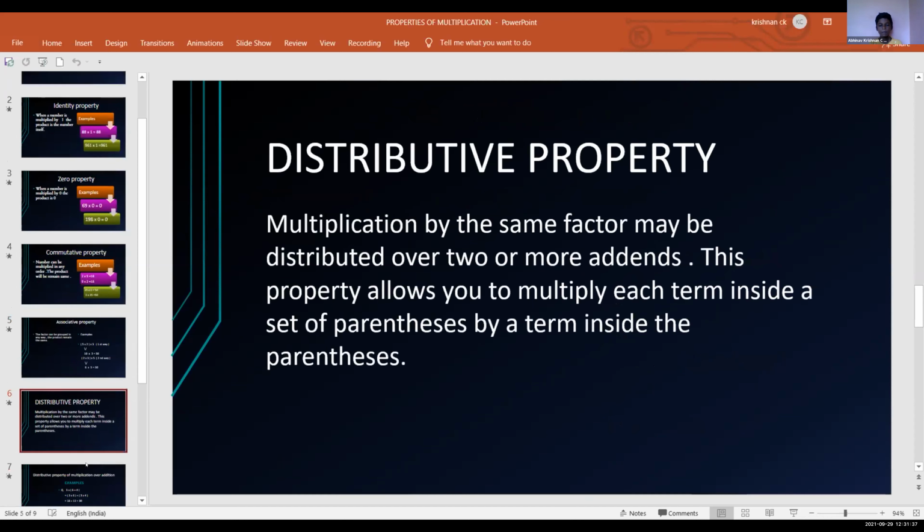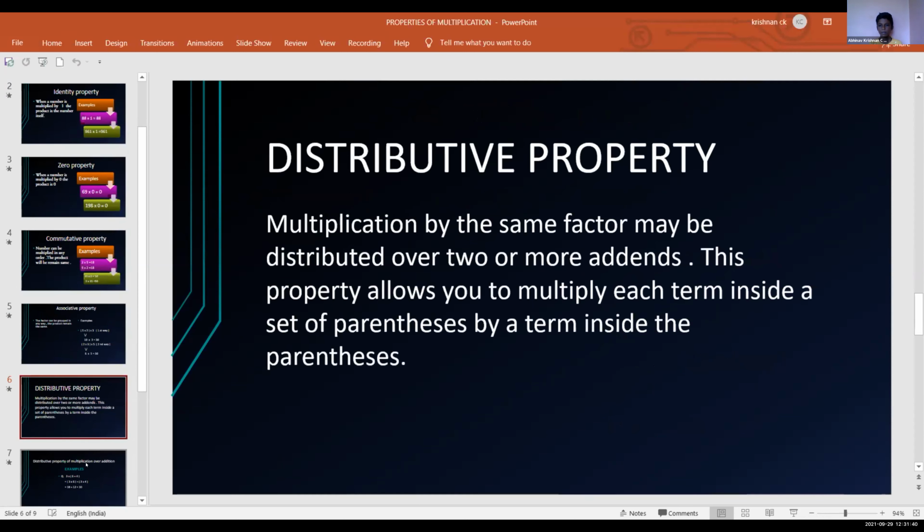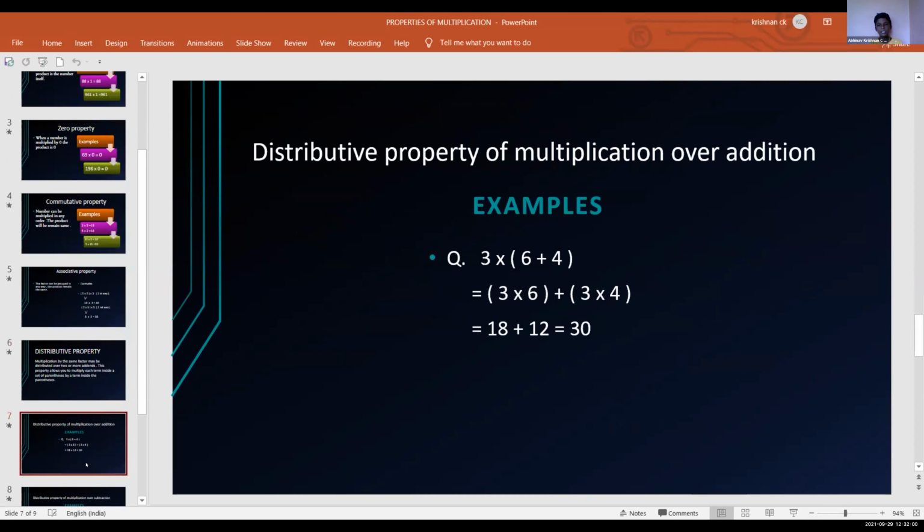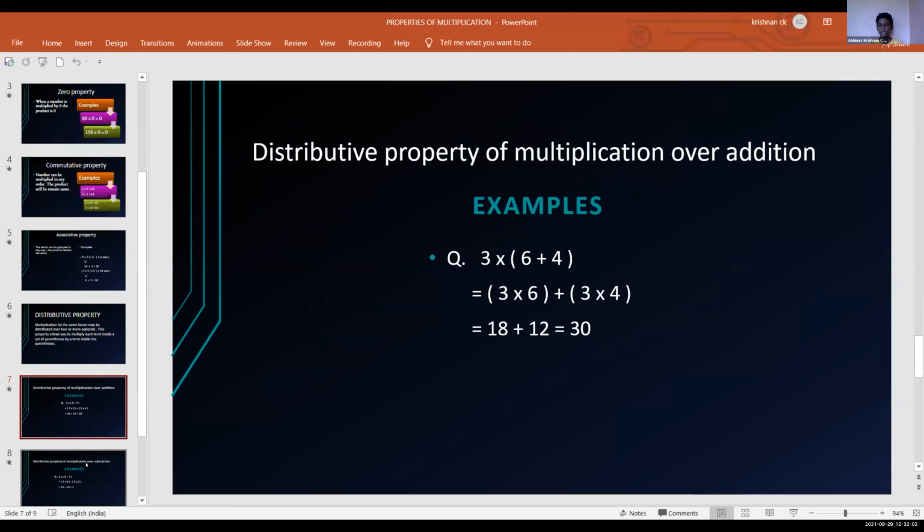Distributive property. Multiplication by the same factor may be distributed over 2 or more addends. This property allows you to multiply each term inside a set of parentheses by a term outside the parentheses. Distributive property of multiplication over addition.